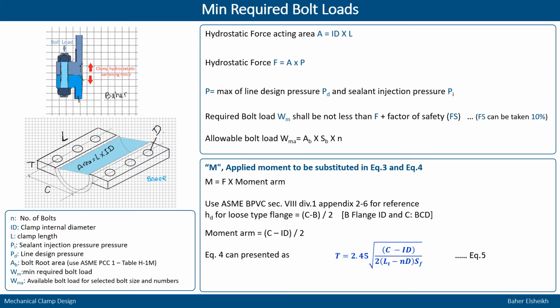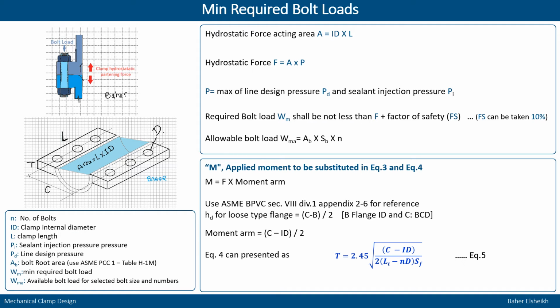The allowable bolt load shall be higher than the required bolt load which we calculated. By that we can define the number of bolts, the size of the bolts, and the area of the bolt. You can use the root area of the bolt from ASME B1.1 Table H1M to get the area of the bolt required in the calculation.